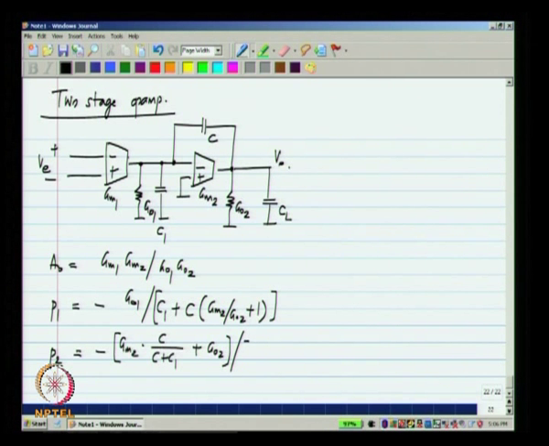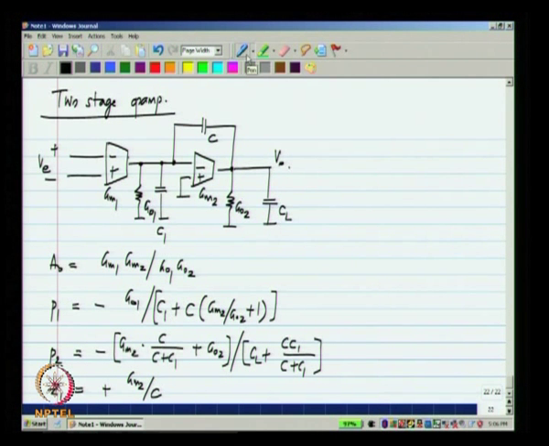And here we have total capacitance which is CL plus C and C1 in series. And the 0 is in the right half plane at GM2 divided by C.